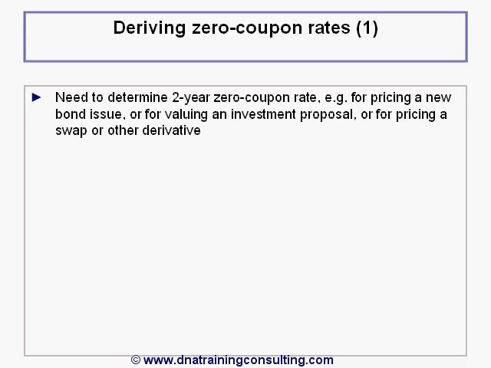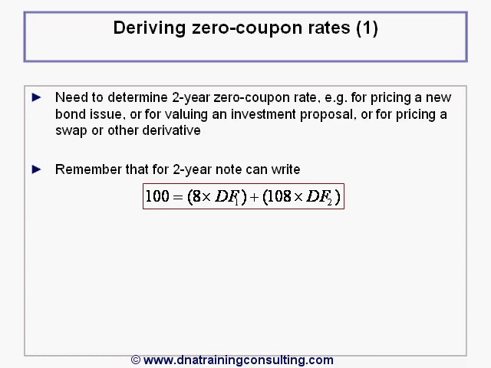Remembering that any bond has a price equal to the sum of its cash flows appropriately discounted, you are able to write this equation for the 2-year note.